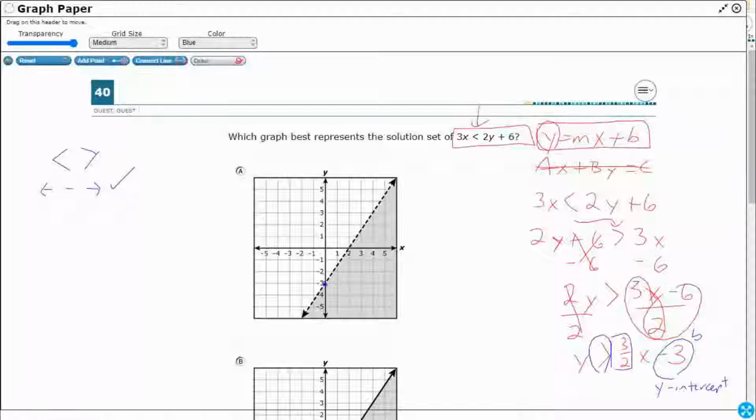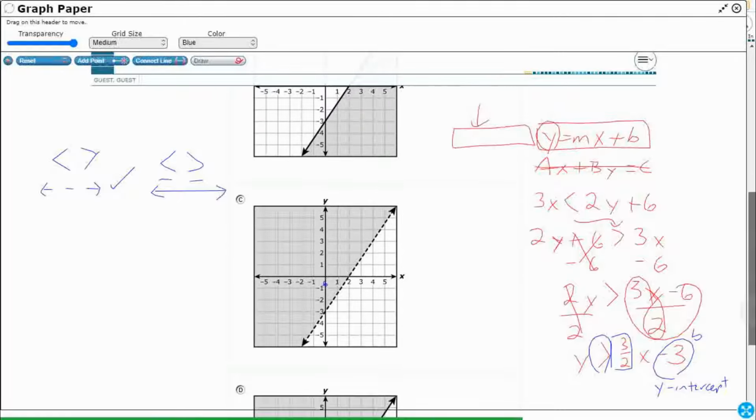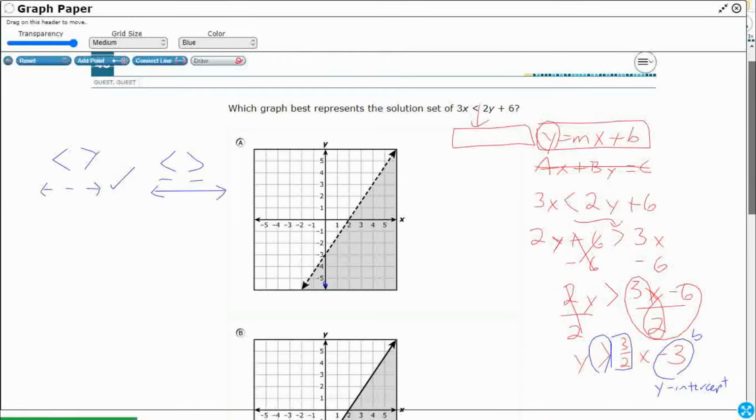If it was a less than or equal to, greater than or equal to, that equal to makes it a solid line. Okay, so now we know it's going to either be A or C, because both B and D are solid. So we're going to get rid of those two.